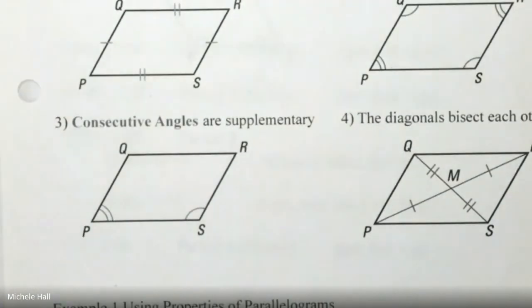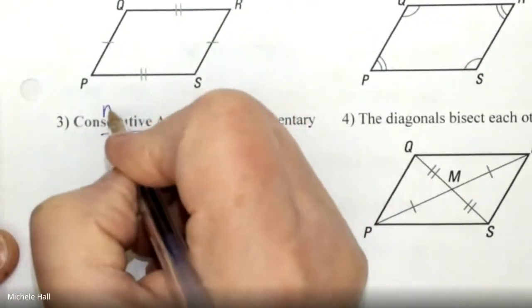Number 3, consecutive angles. What does it mean to be consecutive angles? There you go. You just gave me my 2 answers. Consecutive means next to each other, and supplementary means 180. Consecutive angles, so this means next to each other.